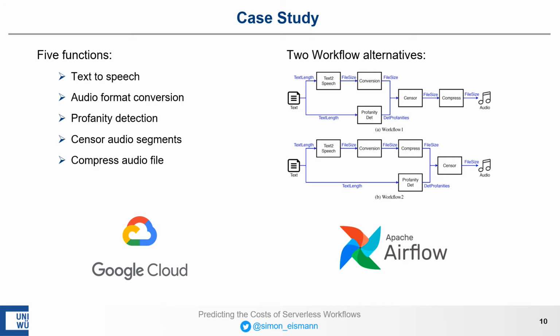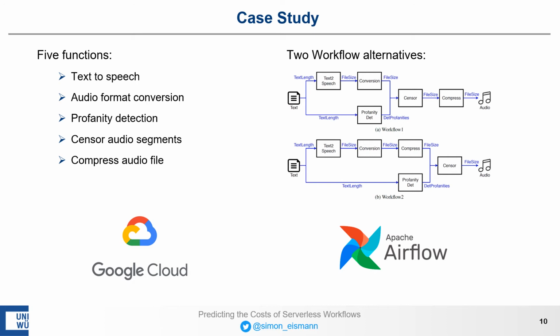And next, we also had two workflow alternatives based on these functions. And here we have the workflow on the top, where the input text is first converted to speech. Then we convert the resulting MP3 file to a WAV.